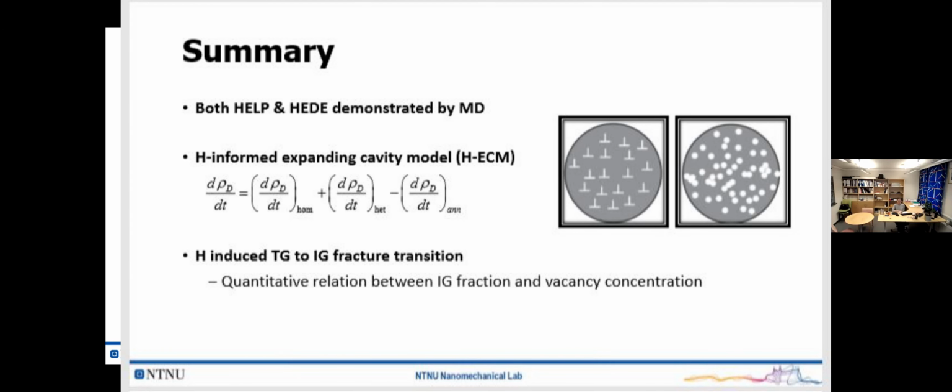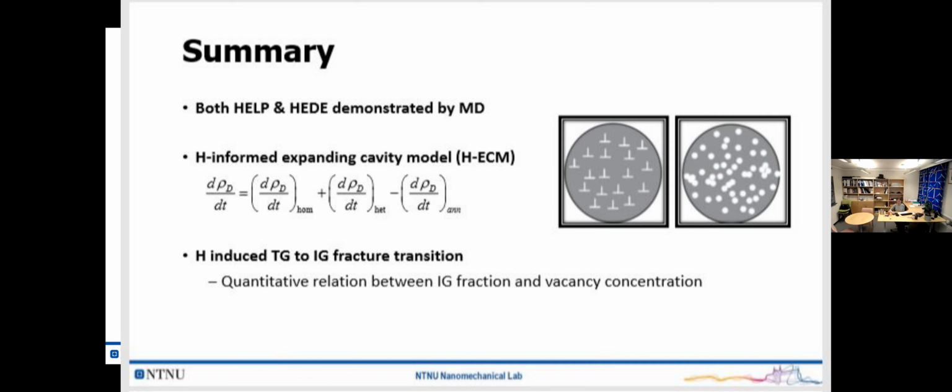And the perspective from this is that if we could predict the hydrogen, vacancy, dislocation, and fracture from the atomic level up to the continuum level, and finally predict the material behavior using a void-based predictive model at all the scales.